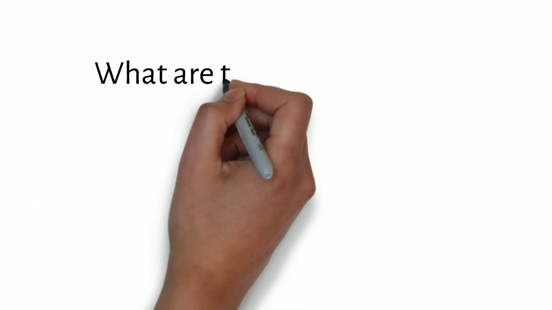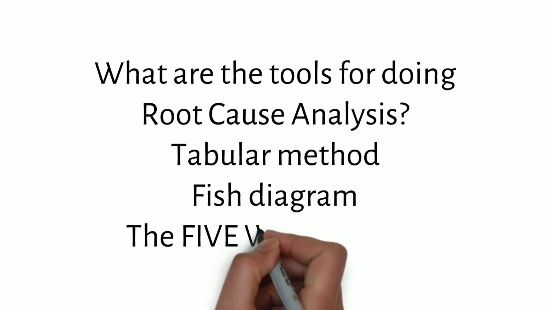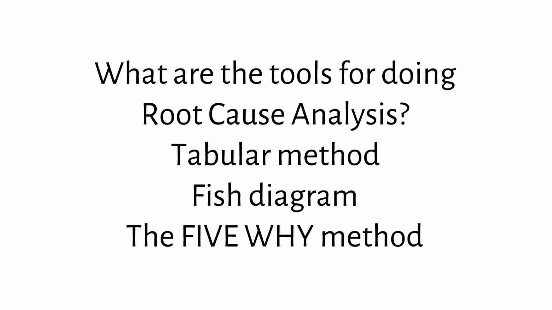The next question we have to address ourselves is, what are the tools for conducting a root cause analysis or an RCA? There are many tools for performing RCA, but the common ones used in healthcare include the following three.